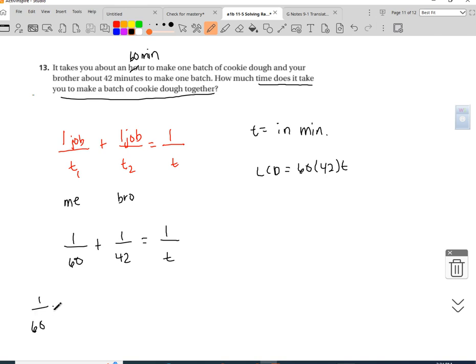So 1 over 60 times our LCD, which would be 60 times 42 times t, plus 1 over how much time it will take my brother to do, times our least common denominator of 60, 42, and t, and that's equal to 1 for the whole job together over t, times our least common denominator, 60 times 42 times t.